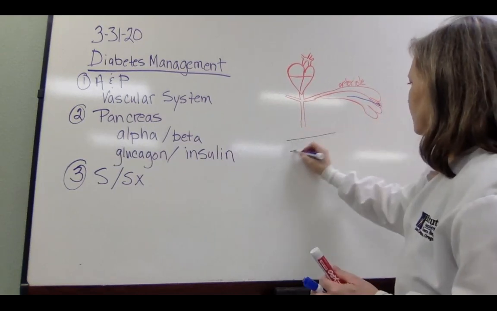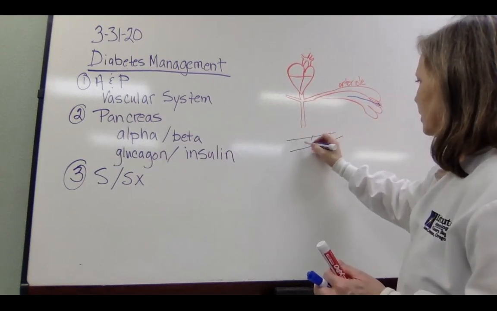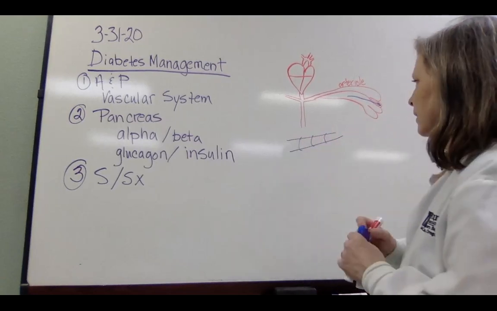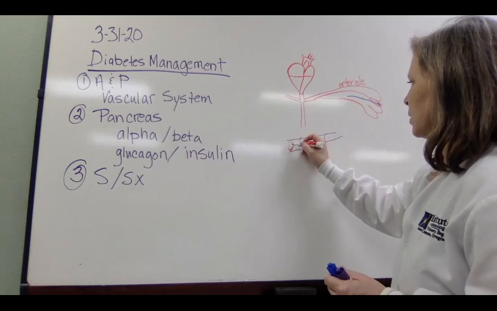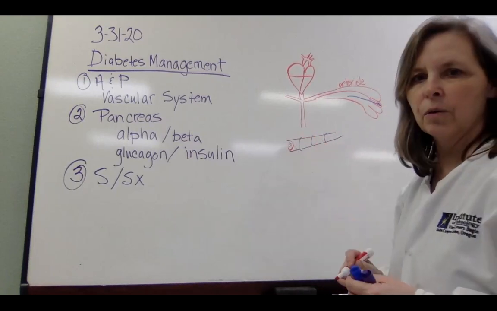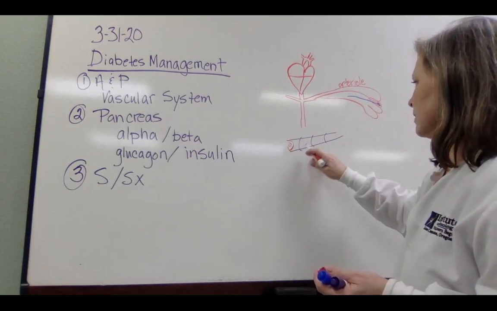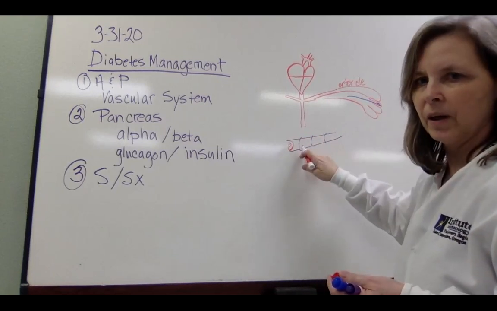Capillaries, if you remember, are just one cell thick. They're kind of tiny, and therefore you get this one little red blood cell that can go through it at one time. So you just have one red blood cell at a time that can go through a capillary.